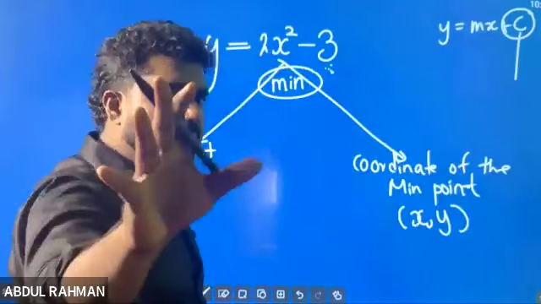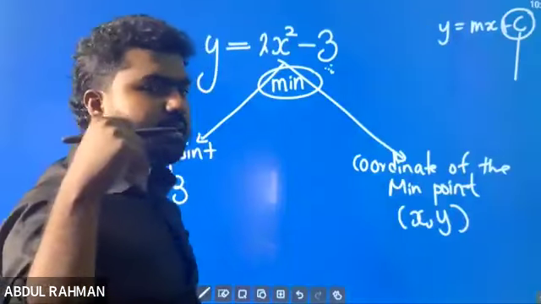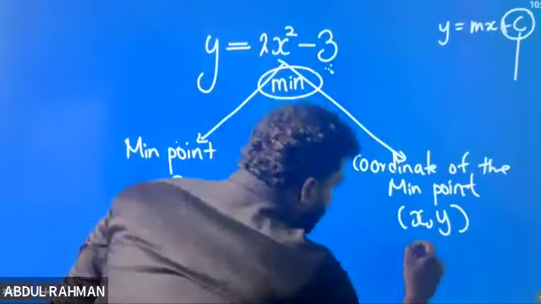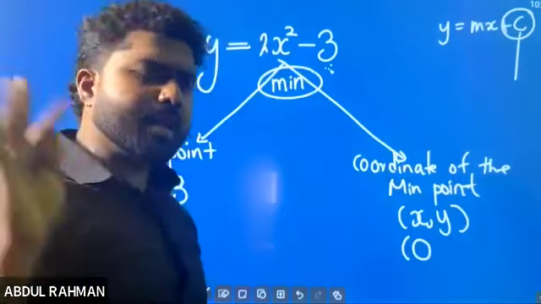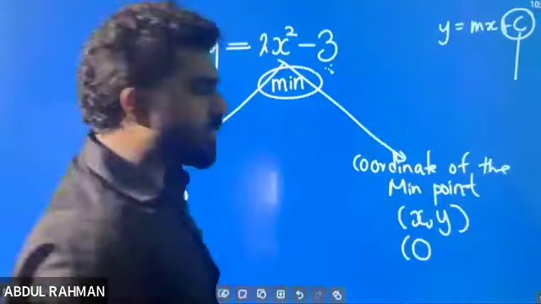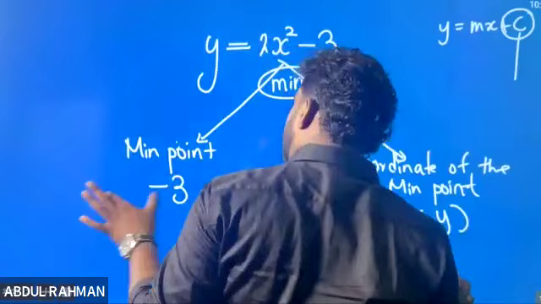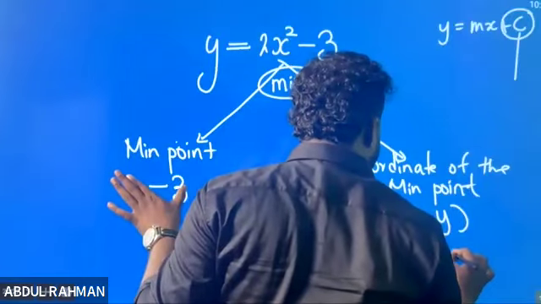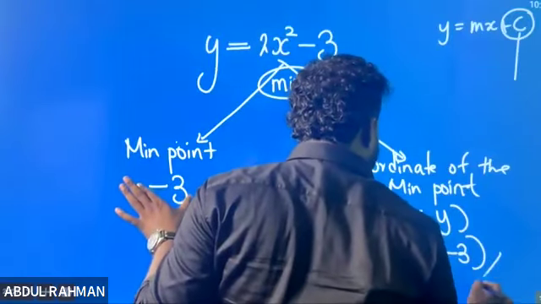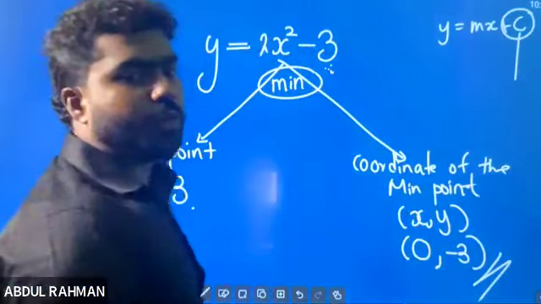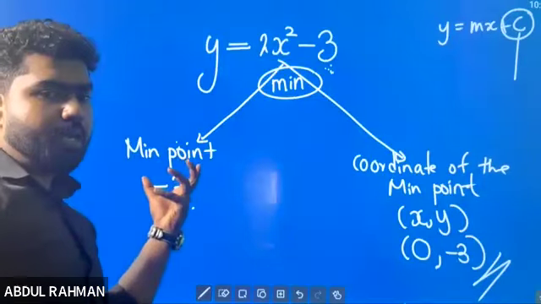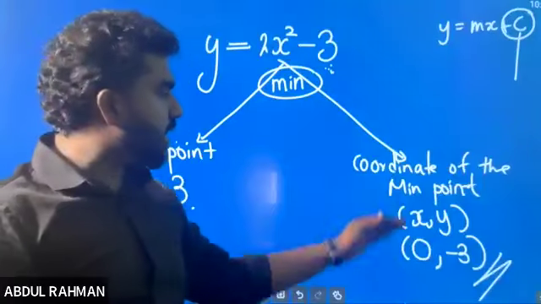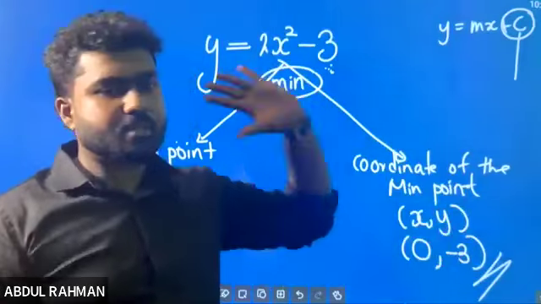Put the value 0 for x. Write your minimum point's value in y, minus 3. This is the coordinate of your turning point. Minus 3 is the minimum point. Coordinate of the minimum point: x is 0 and y is minus 3.